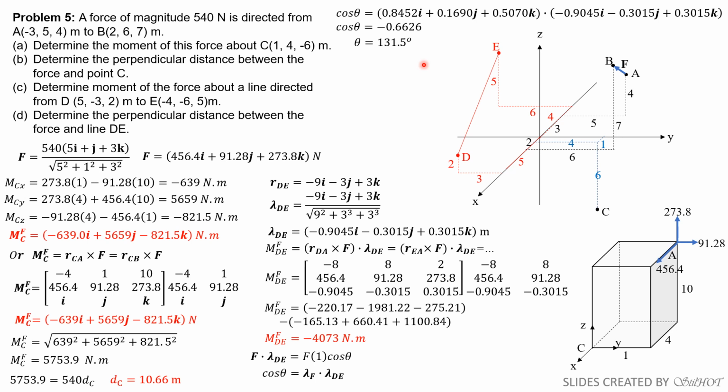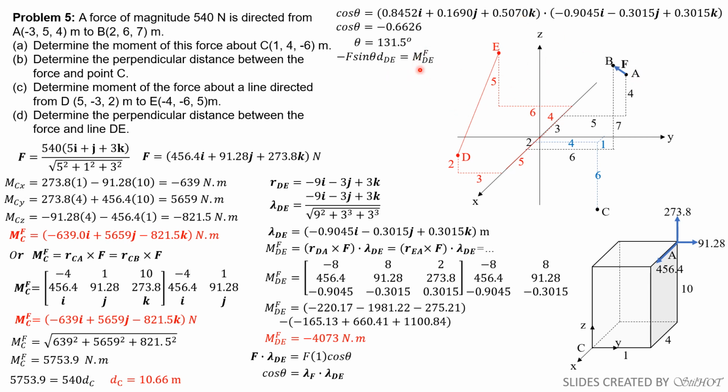So remember that the component of the force perpendicular to the direction DE is F sine theta. So the moment therefore is negative F sine theta times perpendicular distance to DE. So this is the component of force. It's negative because the moment is negative. Then this is the perpendicular distance between axis DE and the line of action of the force.